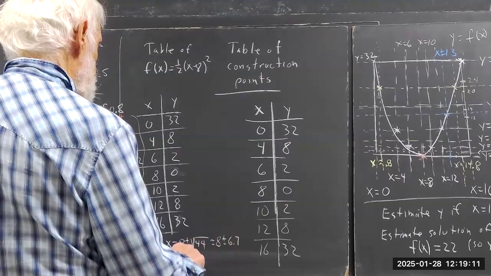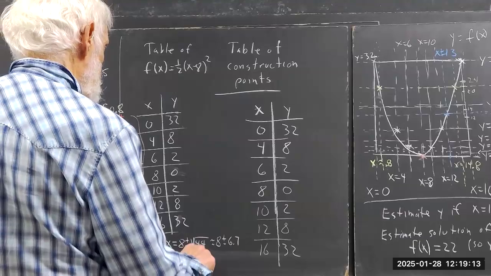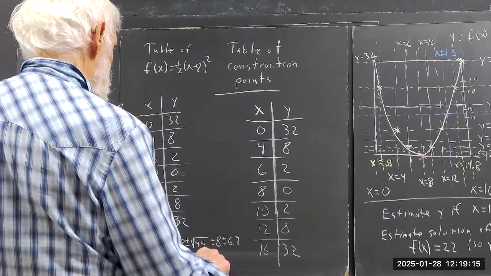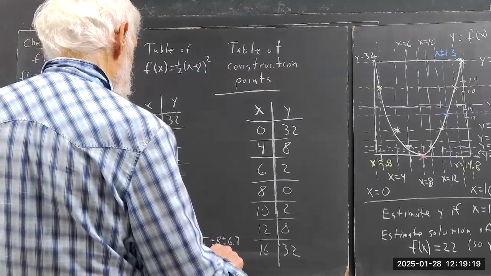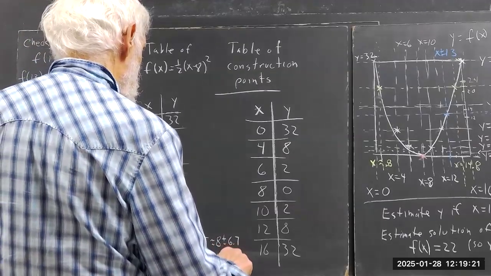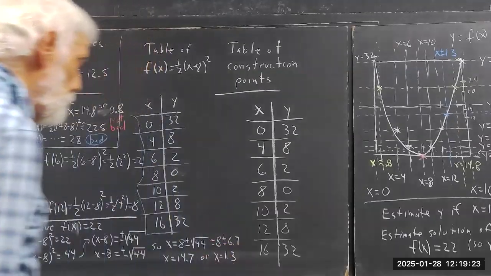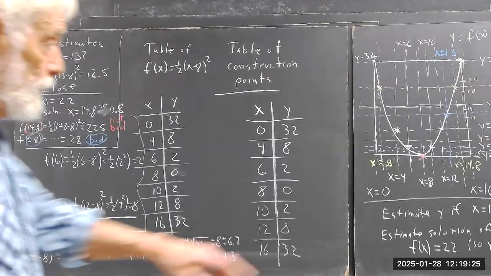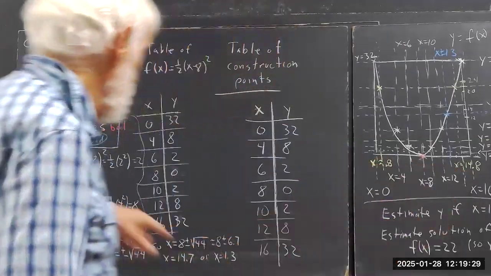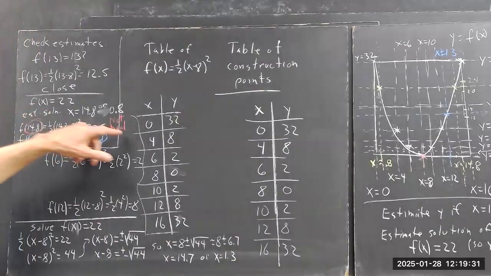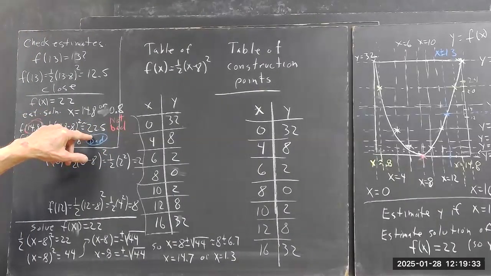Eight plus 6.7 is 14.7. 8 minus 6.7 is 1.3. So I got kind of close to 14.8. And that proved to be a not bad estimate. It didn't give me exactly 22, but it's pretty darn close.